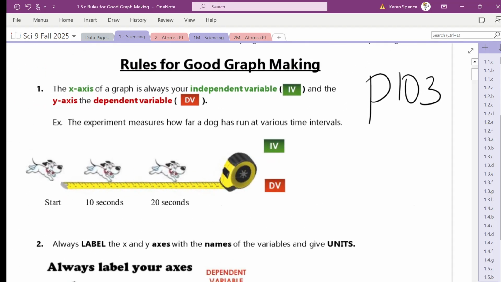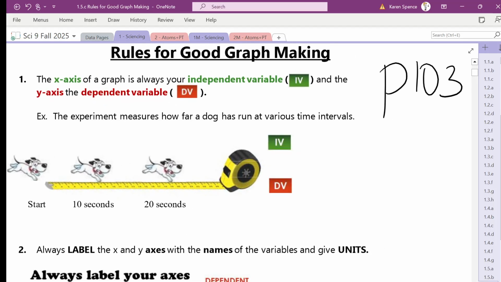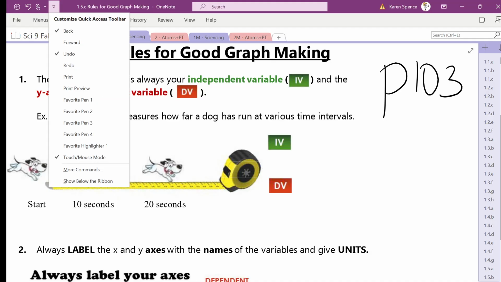Okay, yeah, 103. Ladies and gentlemen, if your book is not open to page 103, could you please turn there now? I'm sorry for the delay. We had a little moment there, but we are now up and running.